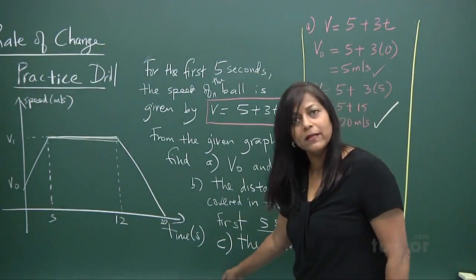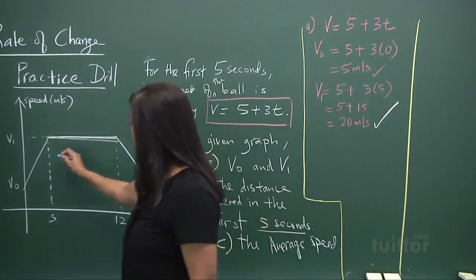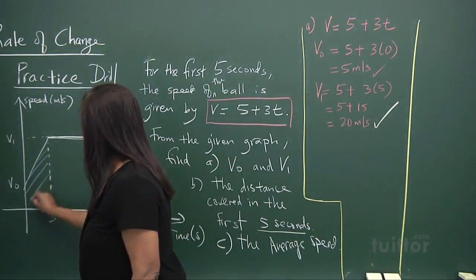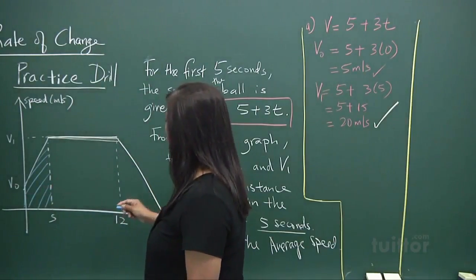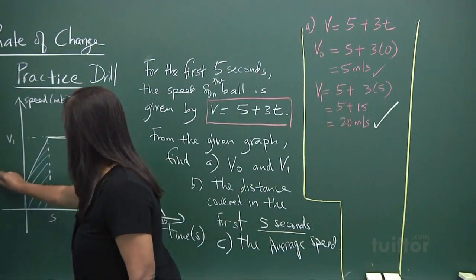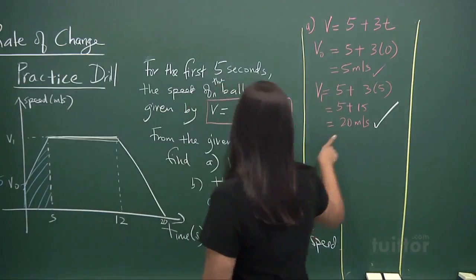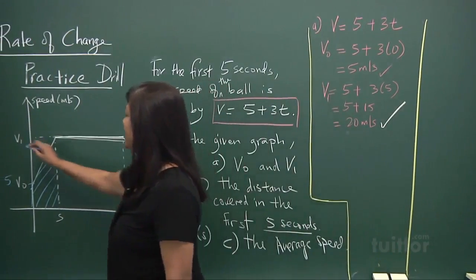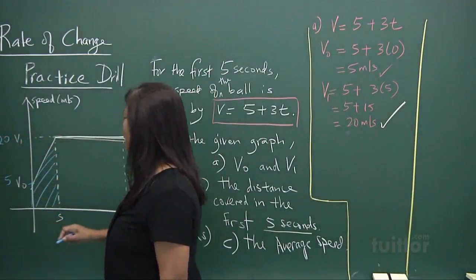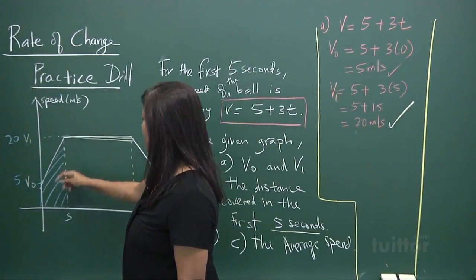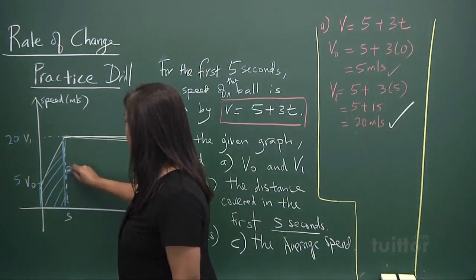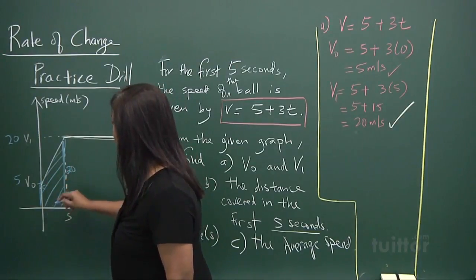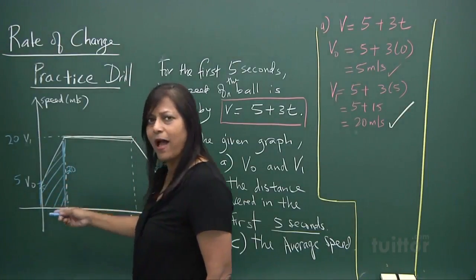Now we know, my dear, is the area under the graph. This area. And what is this measurement that's given? V0 is 5. And what is this part given? V1 is 20. So if you look at it very carefully, we've got to find this area. This length here is 20, this is 5, and this is 5.